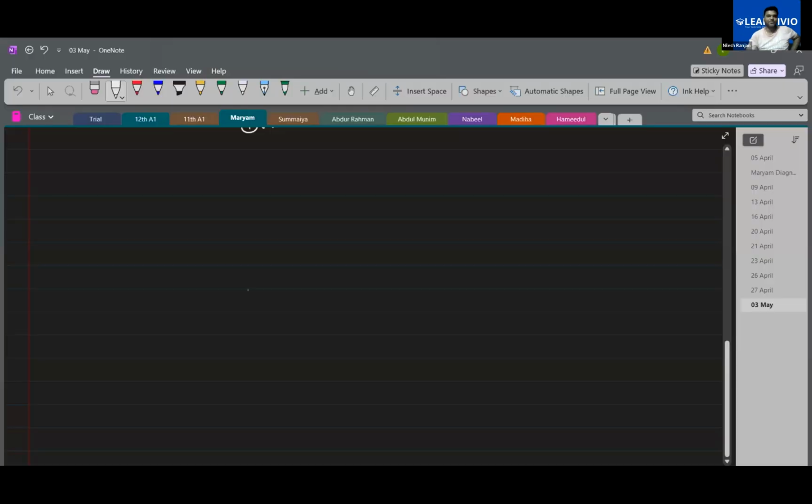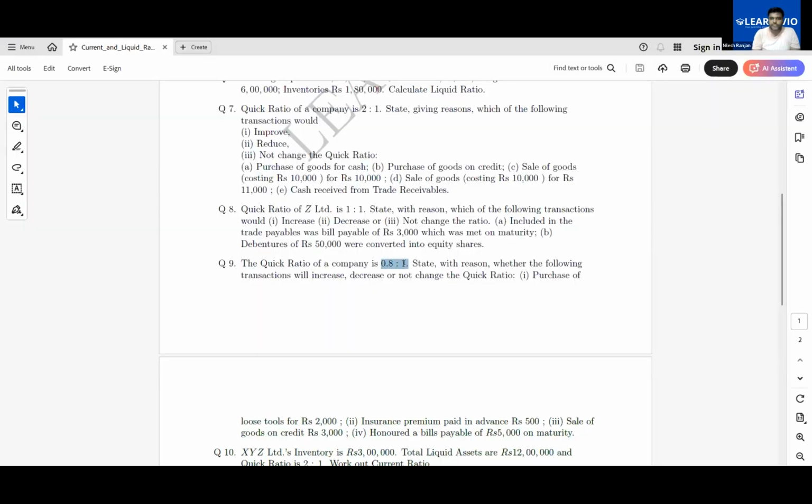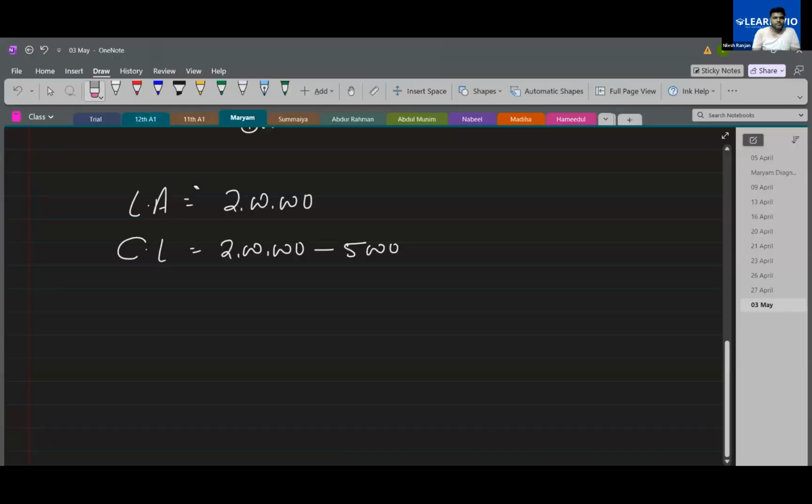Let me show you. Again, let's say the amount of liquid asset is 2 lakh and current liability is 2 lakh. You have paid bills payable, so 5,000 will be, sorry, actually no. The ratio is different. 0.8 is to 1. 0.8 it is.